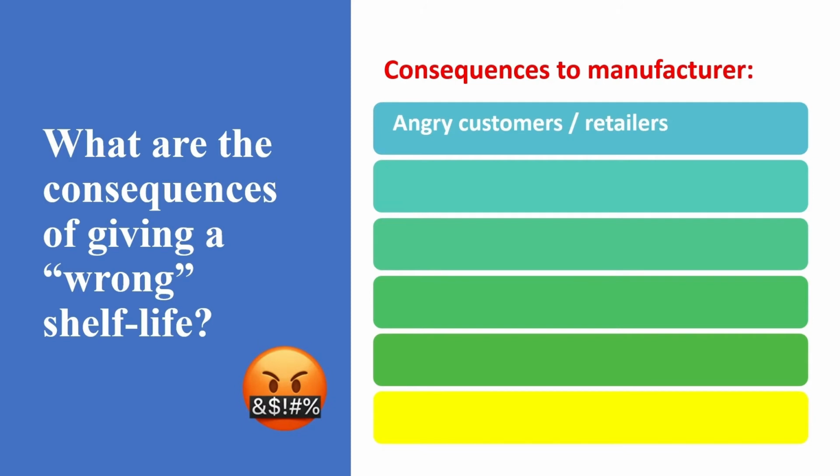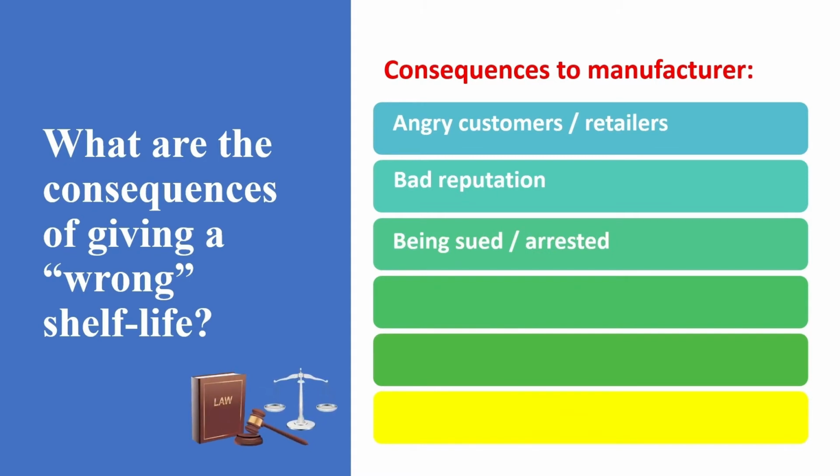They are going to have angry customers, angry retailers, and full of complaints. For sure, their product image and company image will be affected. Then their reputation will become bad or very bad.